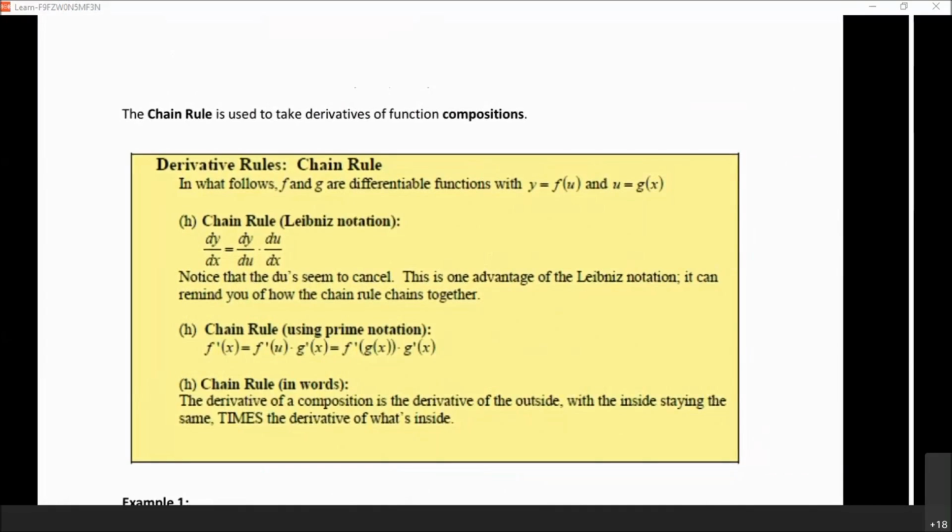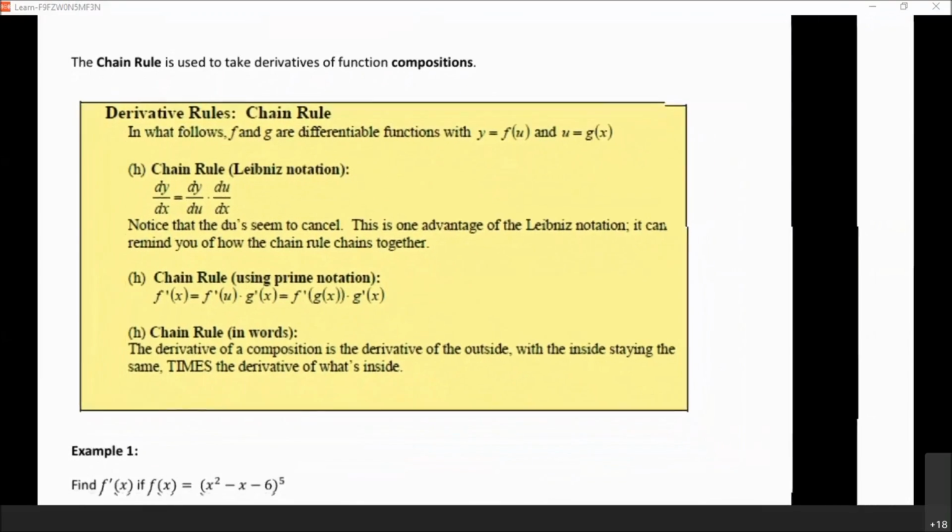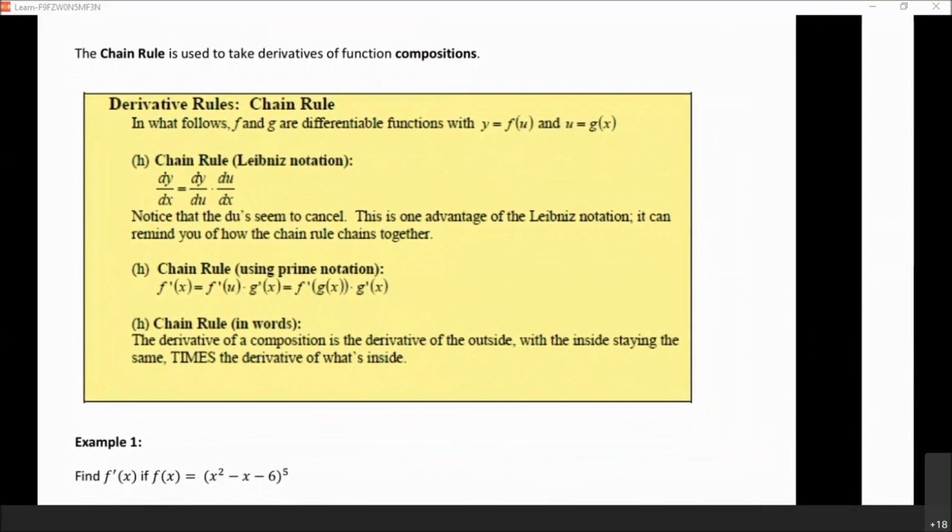Some of the notation for using chain rule is confusing to people. I want to try to make that as clear as I possibly can. So again, they give it to you in two different notations, and I want to try to explain the notation. So basically, we're talking about composition of functions.